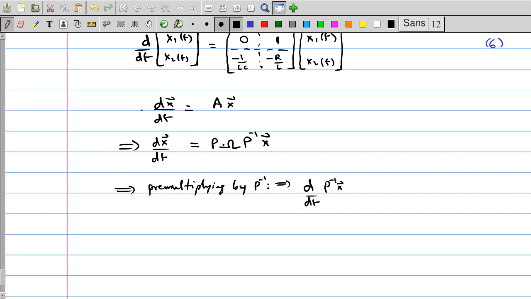I move the P inverse inside, equals lambda times P inverse x. This is the whole game of eigendecomposition. Then I define y as P inverse x, which is the same as x equals Py.